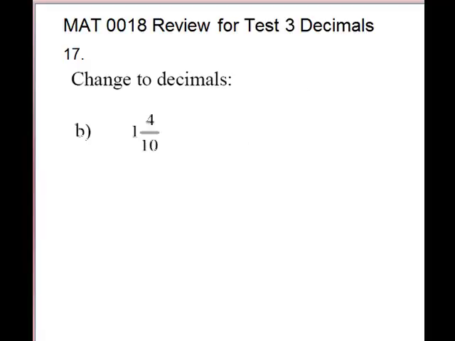It's the same. 17b, we want to convert 1 4/10 over to a decimal. So 1 is going to be your whole number. It will be on the left of the decimal. What you could do with this one, because it is in tenths, you could actually use place value. It's going to be 1.4. If you did not realize that, what would always work is to convert that fraction over to a decimal.